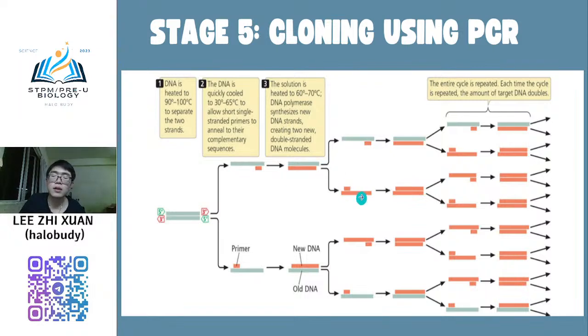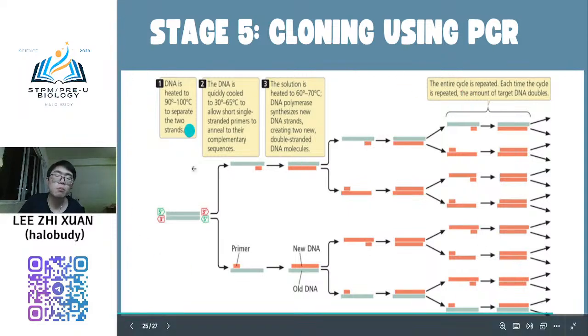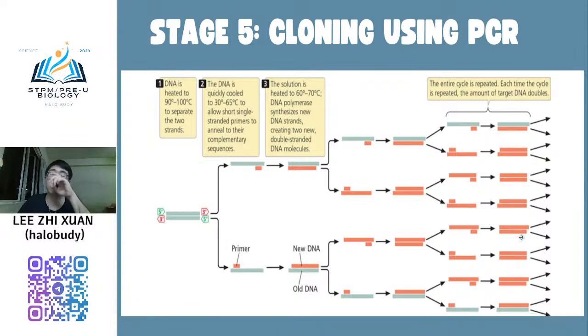After that, the process is repeated many times. We call it a cycle. We repeat all the processes until it produces thousands of copies of the targeted DNA.